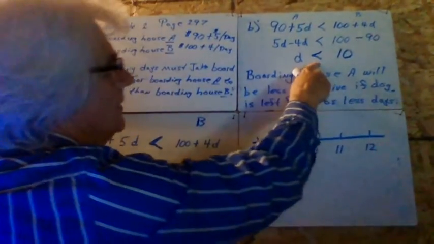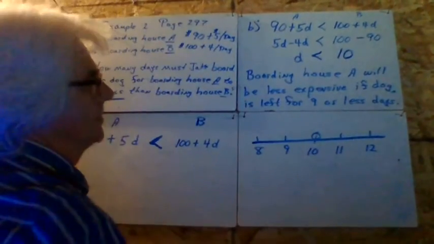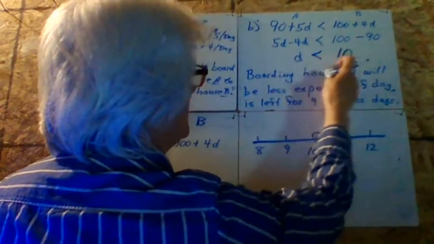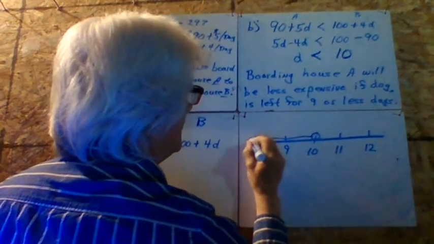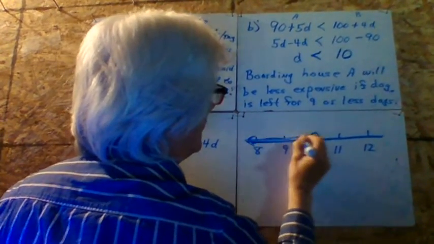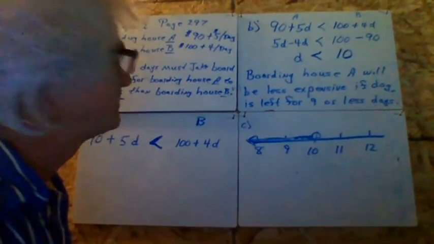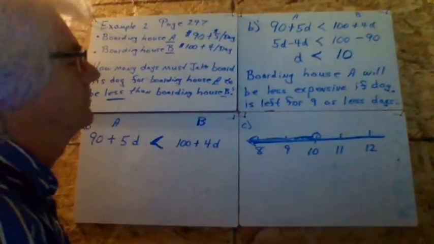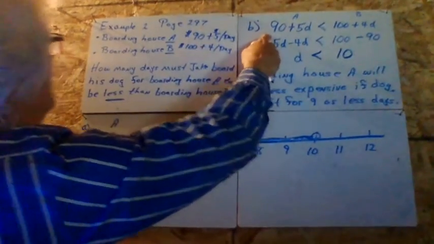Again, it's going to be the hollow circle because it's not a less than or equal to. It's just a less than, so it's a hollow one instead of colored in. And this is going off to my D will be less than 10. So I'm going less. So that's my C part to it, graphing it. And that's it. Certainly, I think the toughest part to doing this type of question is trying to make the inequality from the problem.